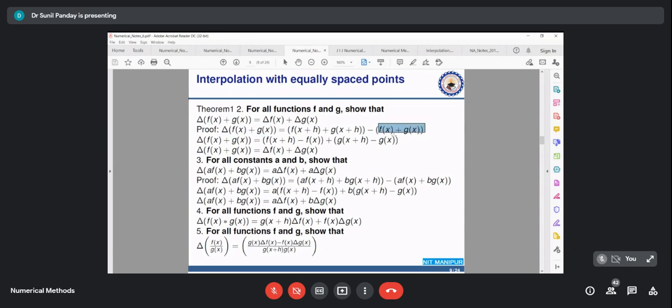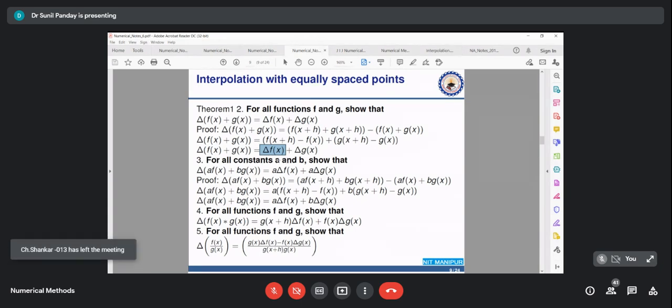Then we rewrite this with this and this with this, and we get these two kinds of terms. And by the definition of forward difference, it is the first forward difference of f of x plus the first forward difference of g of x. So if you apply the first forward difference to the sum of two functions, you get the forward difference of the first function plus the forward difference of the second function.